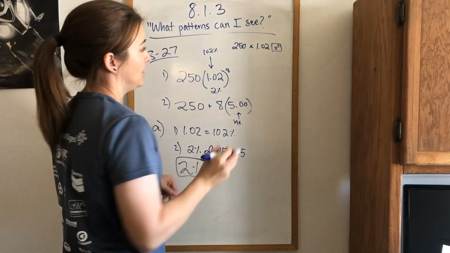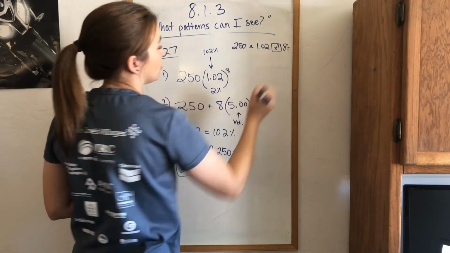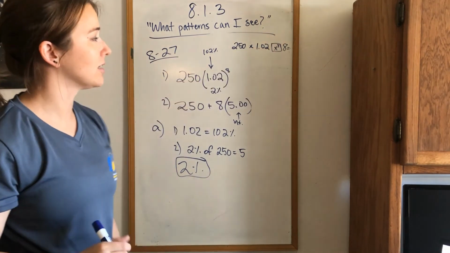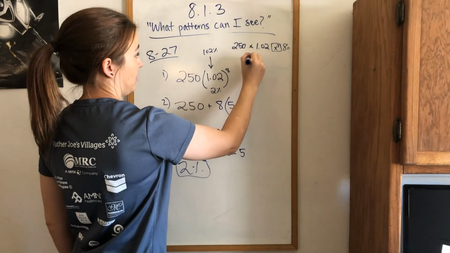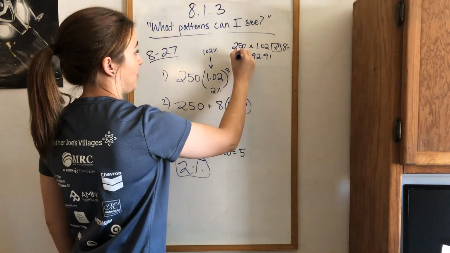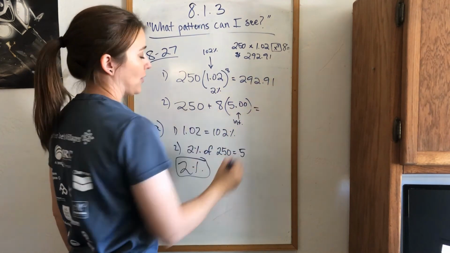Click that, and then press 8, and then equals, because that's showing that this 8 is going to be the exponent. You should get $292.91 for the bank.